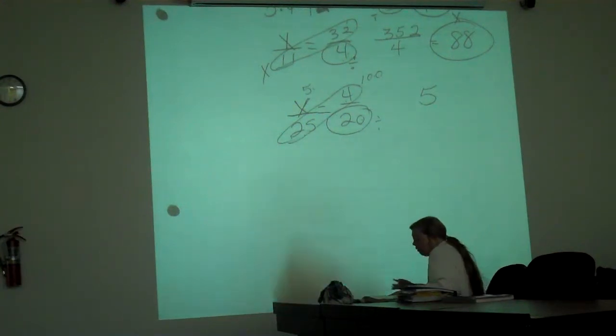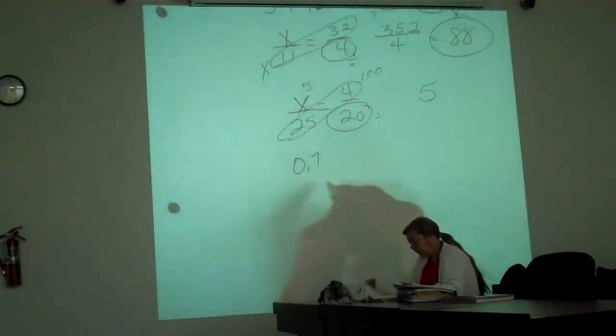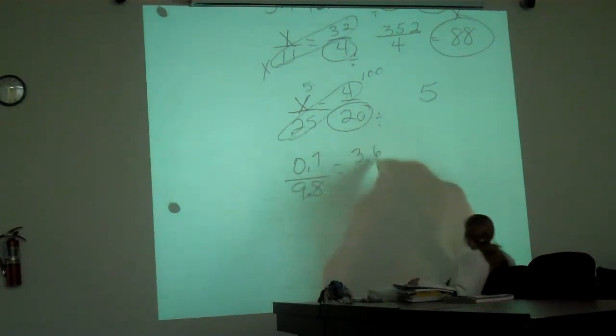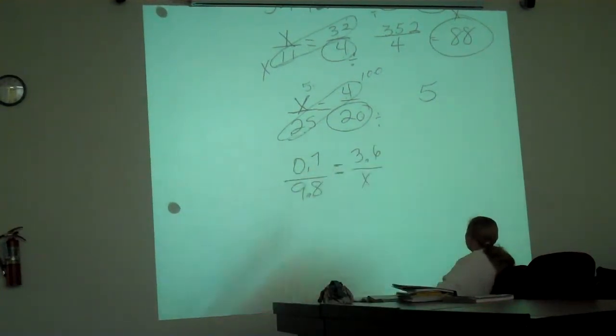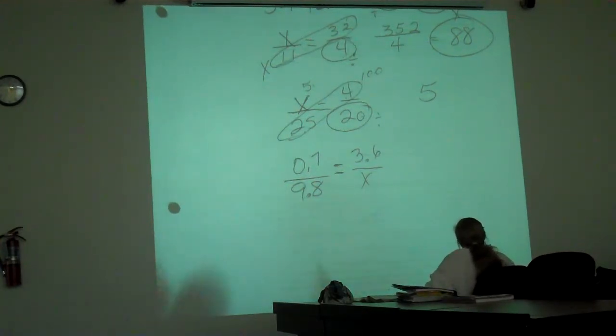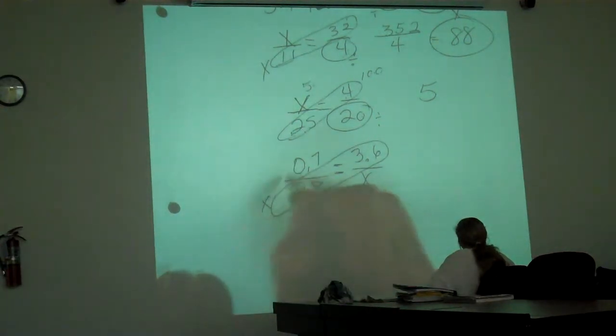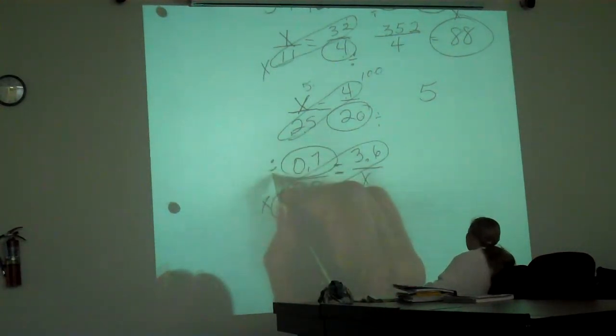What if it's decimal? Well, you could change the decimals into fractions, right? But if you'd rather just multiply these two and divide by that one, you could do it as a decimal.